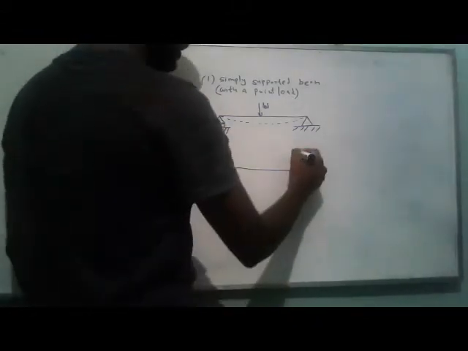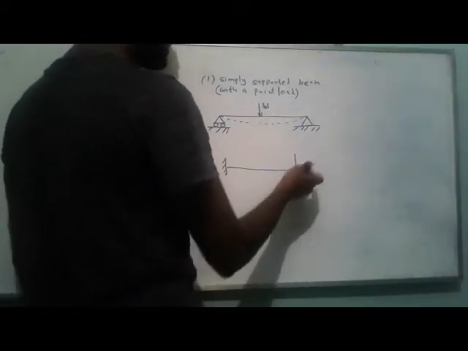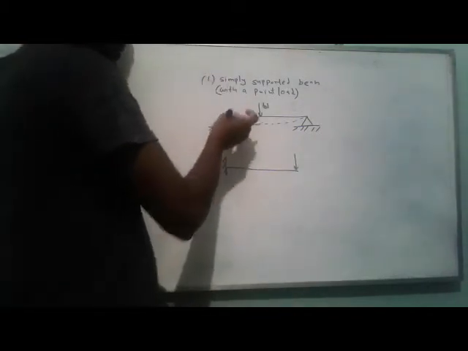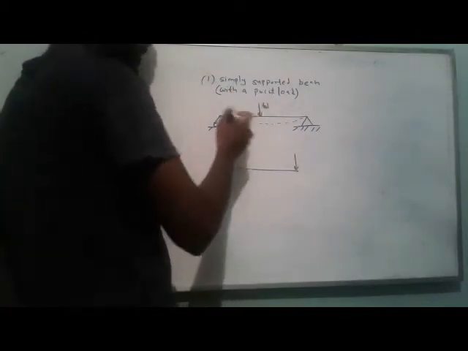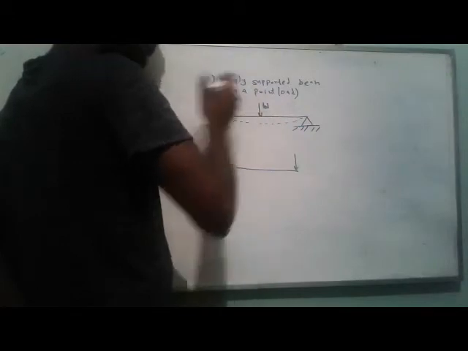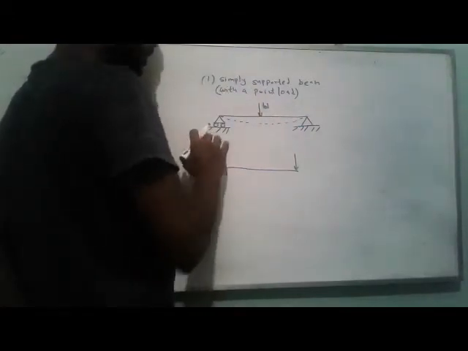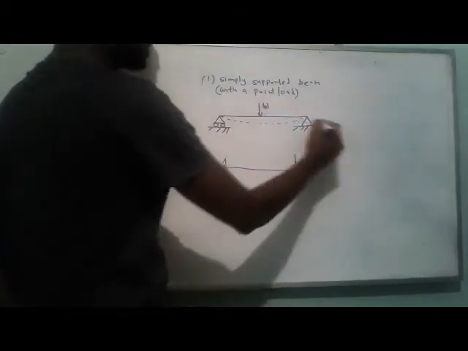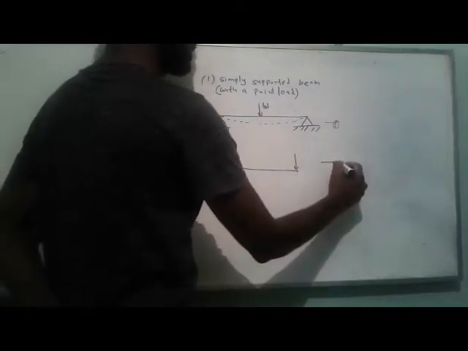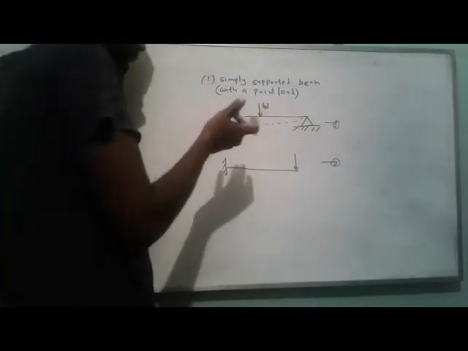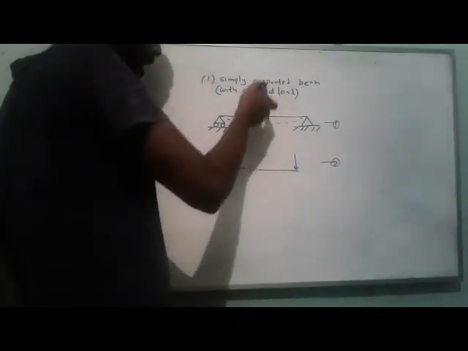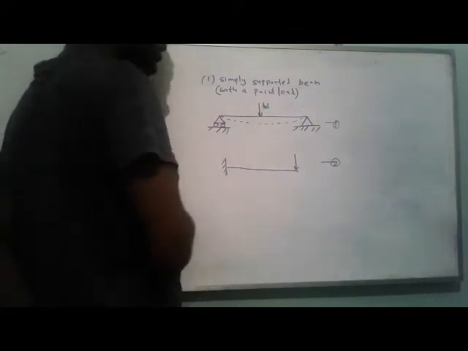Also think that we load here at the end of this beam, so due to this load there will be some external forces, because these two systems, this is the first one, this is the second one, are in equilibrium. Therefore, due to this W load, there will be external forces to cancel these forces.